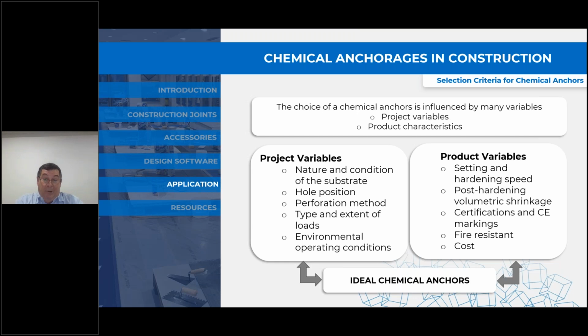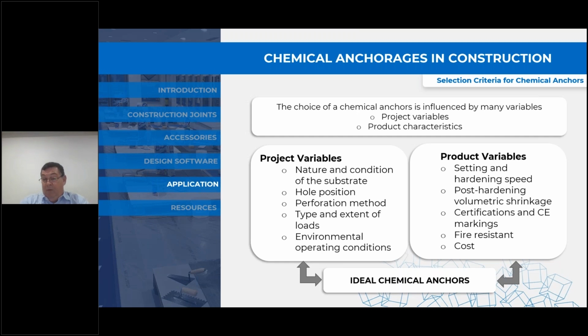The selection criteria. The choice of chemical anchor is influenced by many variables. It can be the project variables, or it can be product characteristics. Project variables: nature and condition of the substrate, the hole positioning, the perforation method, the type and extent of the load, and also the environmental operating conditions.